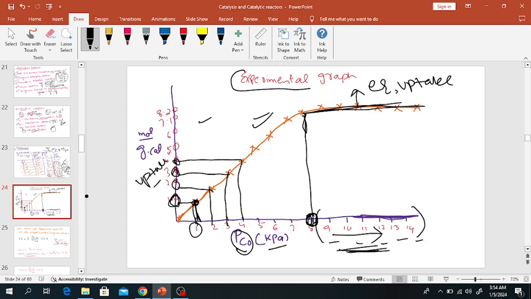Now we will check whether this graph is related to our model or not.